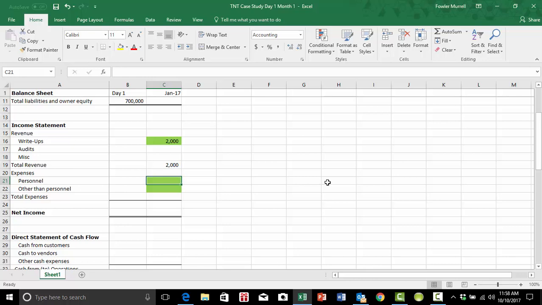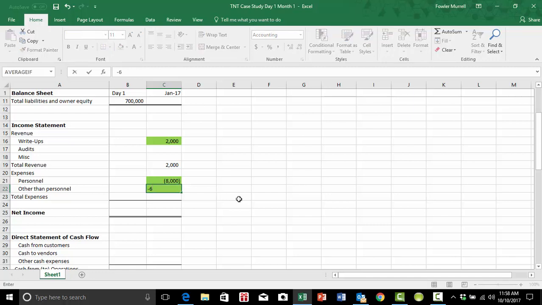So we will show this as minus 8,000. That was the amount that we paid our accountants and the secretary. And the other than personnel items we had were utilities and phone and rent, and that total was 6,000.